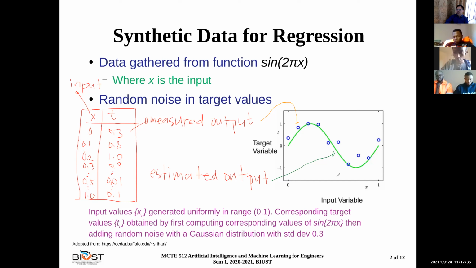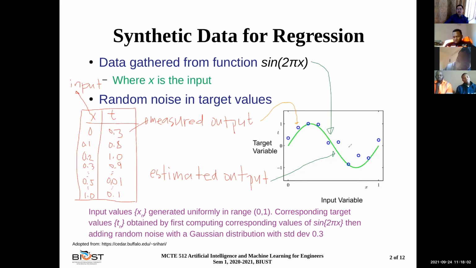Now, the estimated output will depend on what kind of function we used to estimate it. In this case, we use the sine function to estimate the characteristics of the data points. We say that most likely the sine function makes a good estimate of these data points.